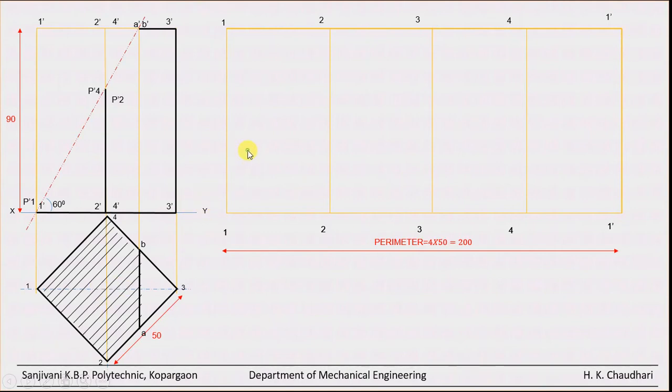So now to obtain the points on the development, draw the horizontal projection from the front view, or simply take this vertical distance from P dash 2 to 2 in the compass and mark here the point P2, clear.